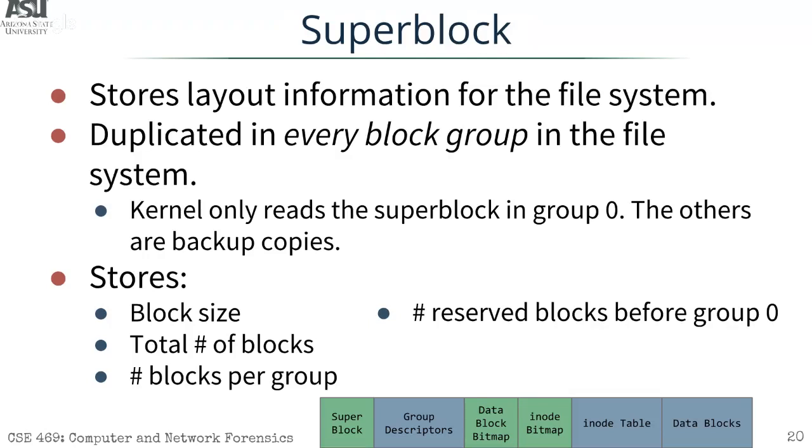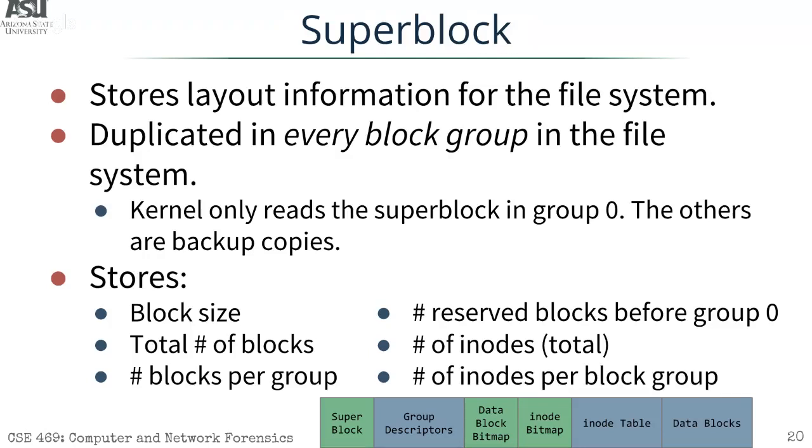Again, it's interesting that you're reading the number of reserved blocks before you even get sequentially to the super block. I don't know how that works, but probably the kernel handles it. Okay, and the total number of inodes, and the number of inodes per block group.